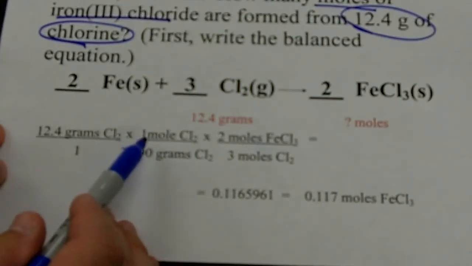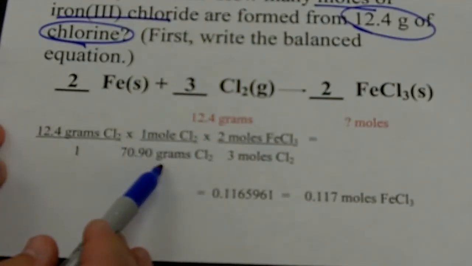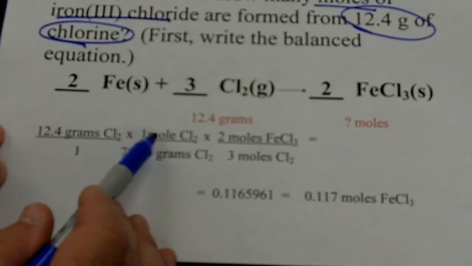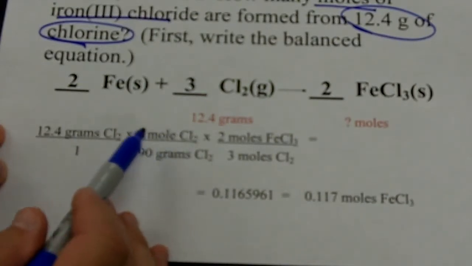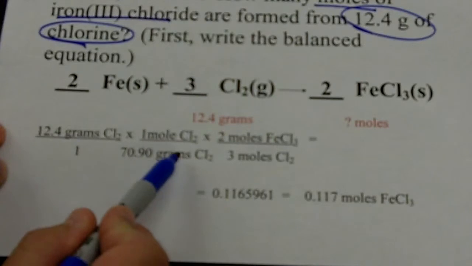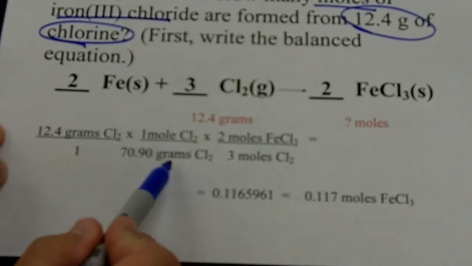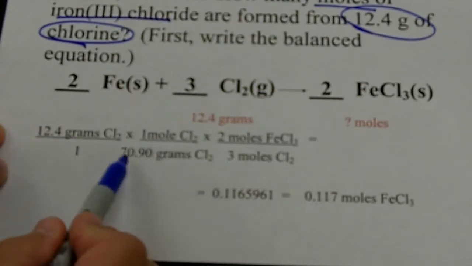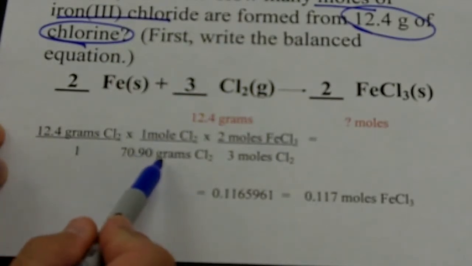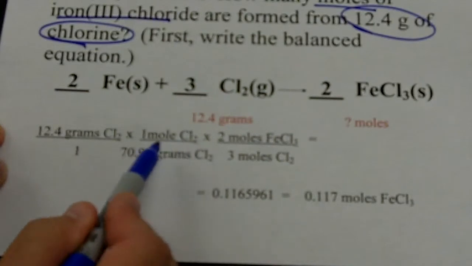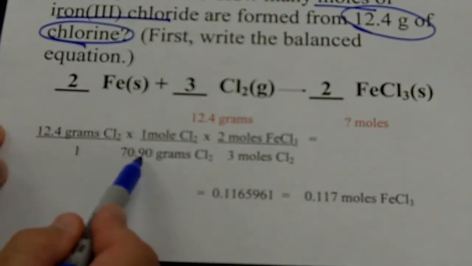Now, I can't go from grams of chlorine gas to moles of iron chloride, so I'm going to have to go through moles of chlorine. So whatever unit is there goes there. I now know the number of grams of chlorine in 1 mole simply by adding the molar mass, or the atomic mass of chlorine, doubling it. 70.90 is the total, and I get 1 mole of chlorine gas is 70.90 grams.